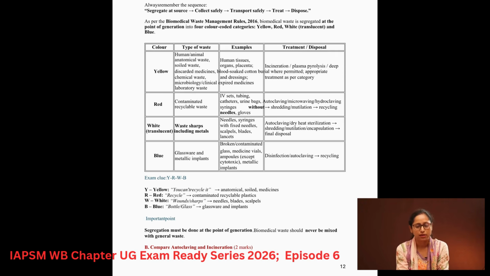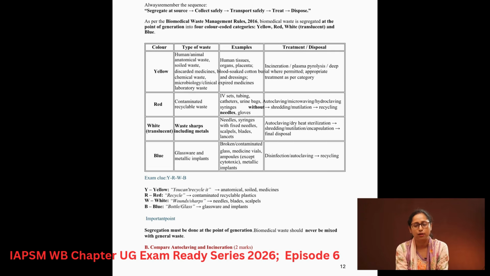W white, it wounds, wounds mean there may be sharps, right. When you talk about wounds, your brain will work for sharp waste like needles, blades and scalpel. And finally blue, that is bottle, and as we talk about bottle, we think about glass, and glassware and implants are included there. So, those are the clues for you to remember.